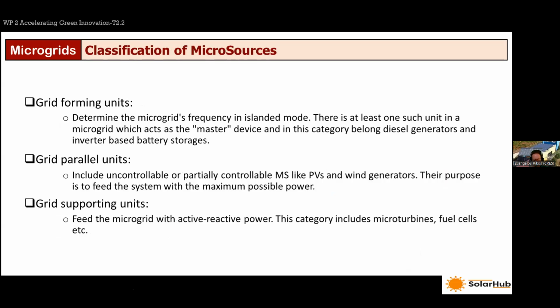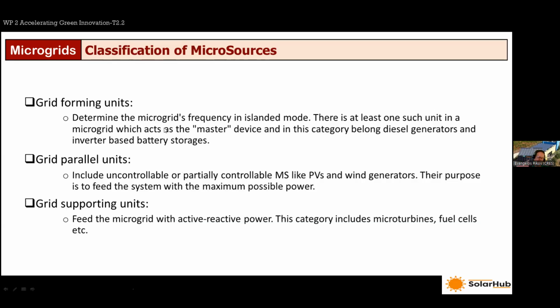As I mentioned before, there are these microsources. These microsources can be classified. Also, bear in mind the classification I mentioned about the photovoltaic inverters. So the microsources in general, not just these PV inverters, can be classified into grid forming, grid feeding or grid parallel units, and grid supporting units. It's the four diagrams we saw earlier. It's exactly the same principle here.